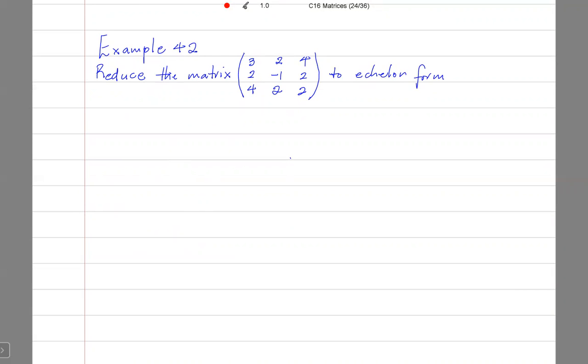So again, I'm going to start out by making those two elements 0. Then I'm going to make this element 0. Then I'm going to get the elements of the leading diagonal to all be positive 1.